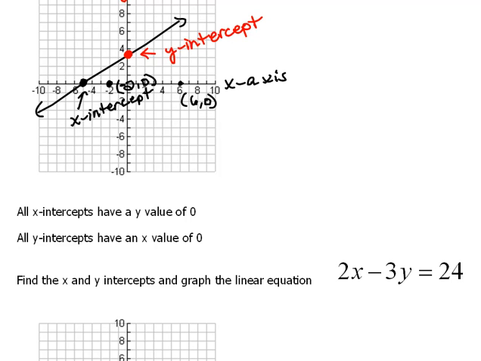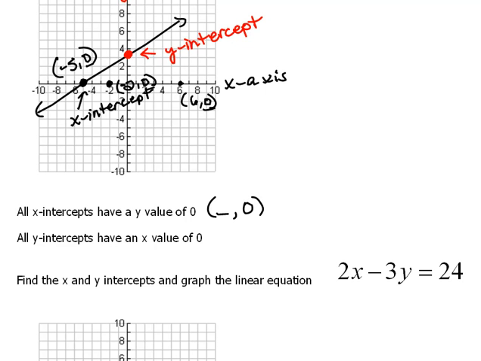Negative 2. This would be the point (-5, 0). Every single one of those had a 0 for the y value. So this will always be true. Every single x-intercept is (something, 0). We can use that to find the point on the line and then graph it.